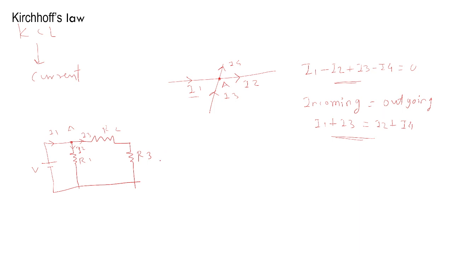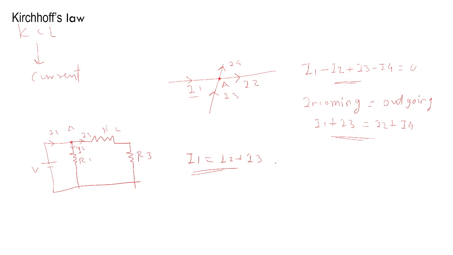Use the chat box. Is I1, I2 or I3 incoming? I hope I am audible to all. Yes, the I1 current is incoming. So incoming current I1 is equal to the outgoing currents I2 plus I3. This is the equation.